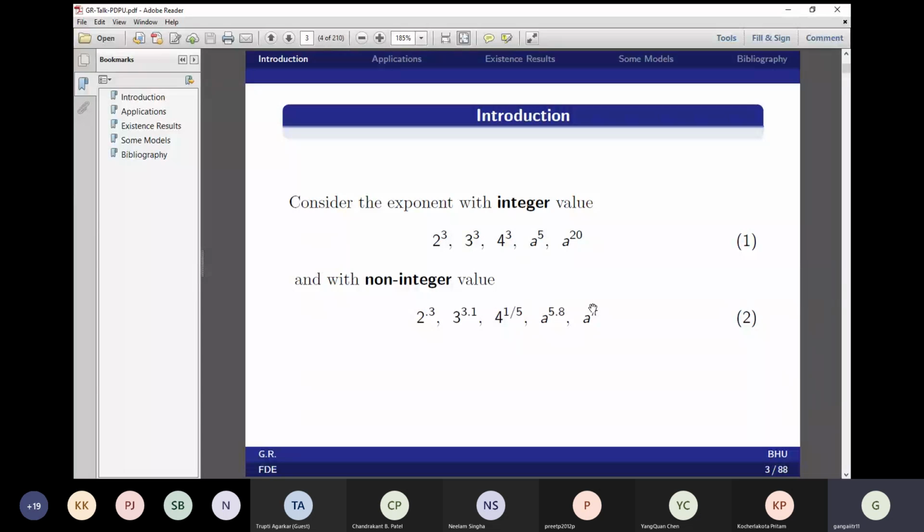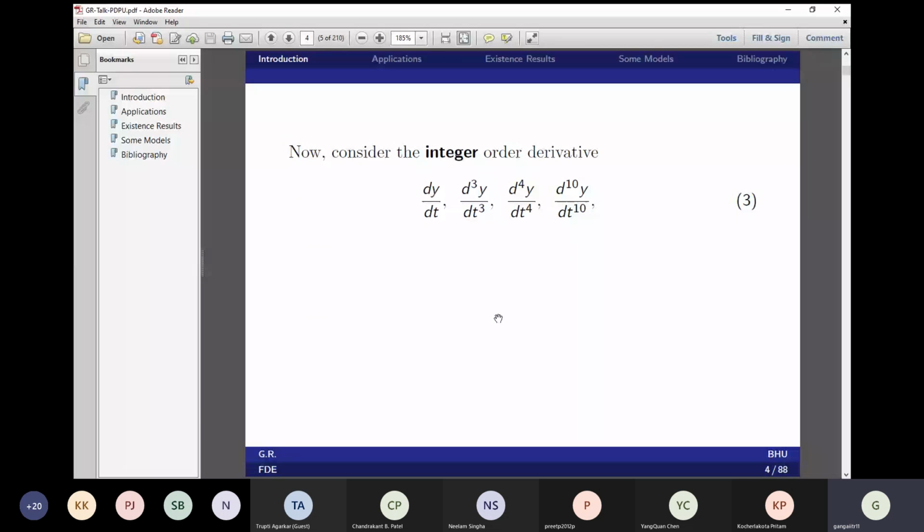So fractional calculus lies in between, because here the power is an integer, but in this case the exponent can be any number. It may be rational, irrational, or fractional.